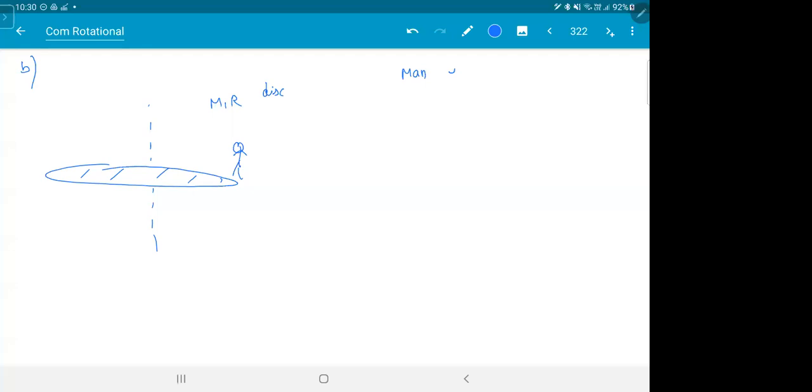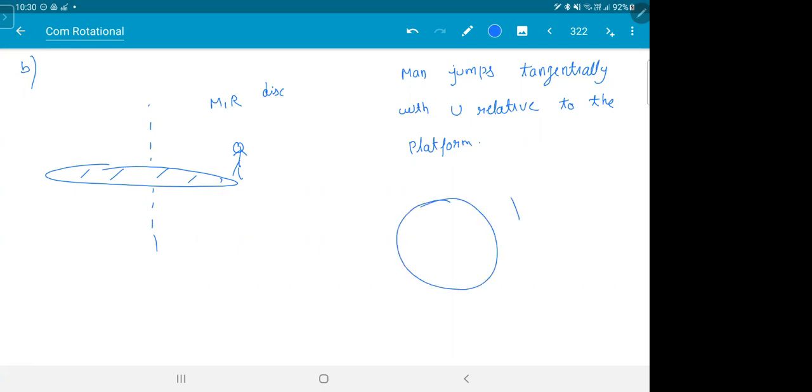The man jumps tangentially with you relative to the platform, meaning with respect to the platform, he will jump with you. Then what happens? The platform will go back, the man will jump forward. So find omega.